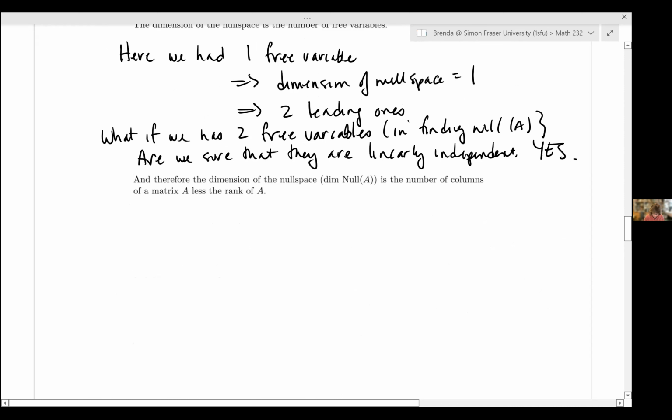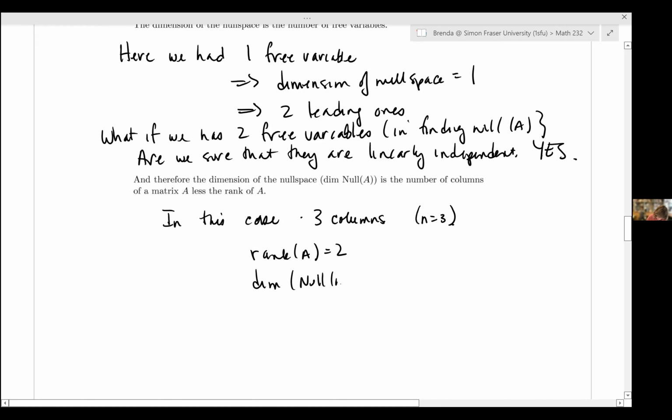Okay, so therefore the dimension of the null space is the number of columns of the matrix less the rank. In this case, we have 3 columns. This is the matrix A, so n is equal to 3. The rank of A was 2, and the dimension of the null space of A was 1, and 1 plus 2 is 3.